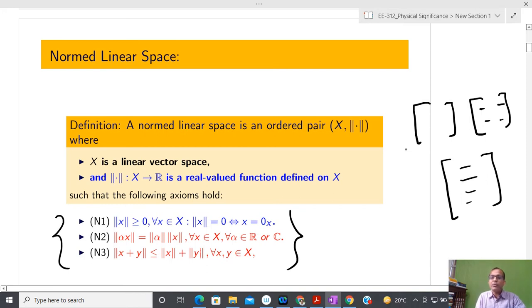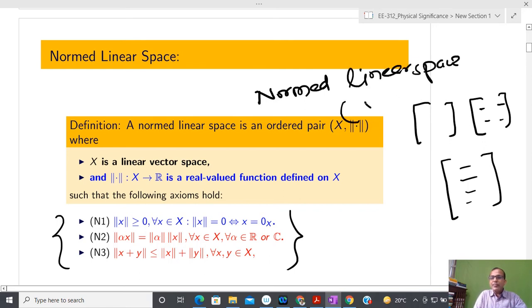Now we are going to add something more inside the vector space, that is the notion of norm. Why we add this, we are going to see in today's lecture. Whenever I talk about a normed linear space, basically I have a vector space and some way to define the distance, or length, whatever you call it.